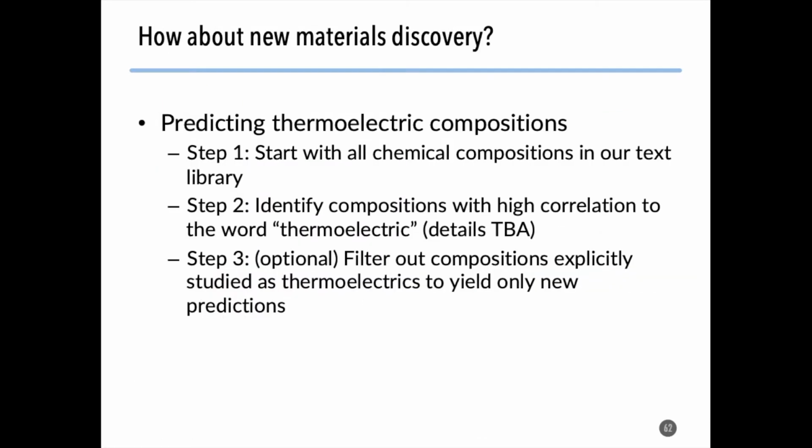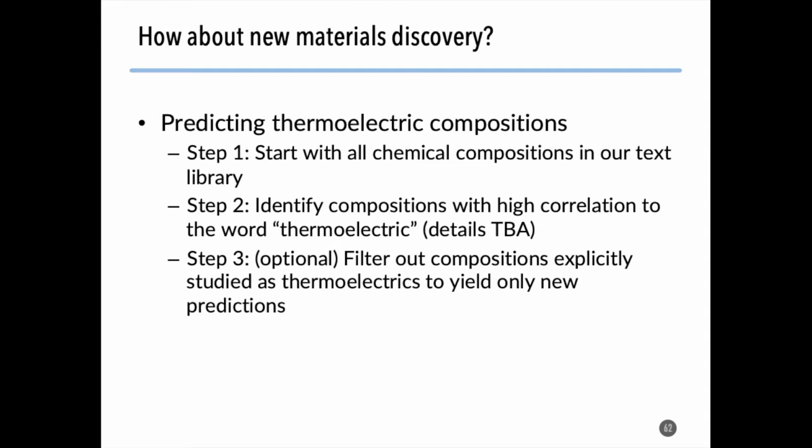Okay, so what about finding new materials rather than just searching for existing studies? We came up with a way to predict new materials using this text mining. We first start with all the different chemical compositions in our text library, and we have a way to turn these chemical compositions into vectors. Then we identify which compositions have a high correlation to the word thermoelectric.